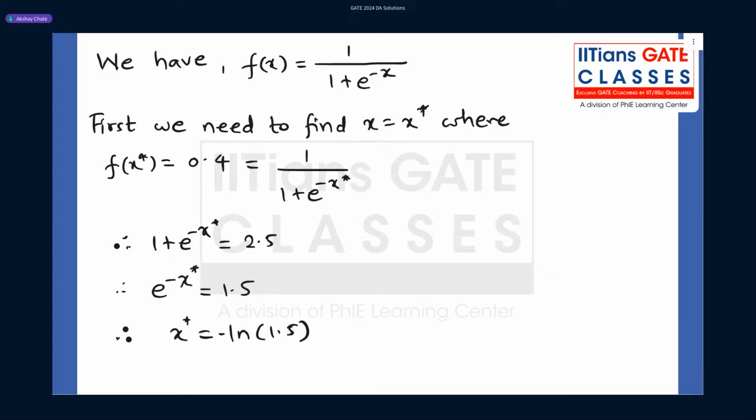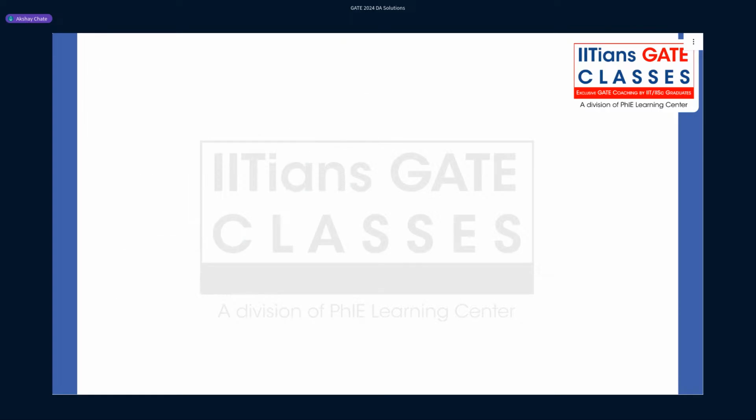But see, in this question, it was not asked what x star is. What is asked is f dash of x star. So to do that, first we need to find the derivative of this function. f of x is 1 by 1 plus e to the power minus x.